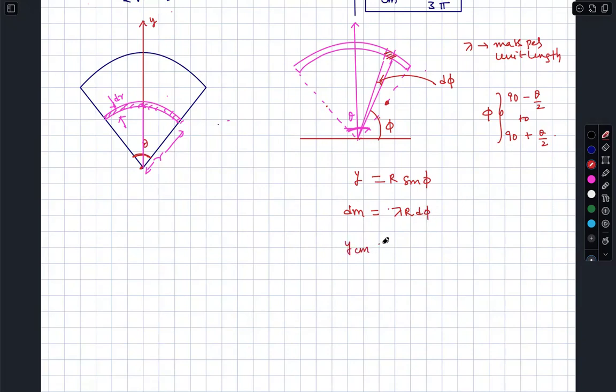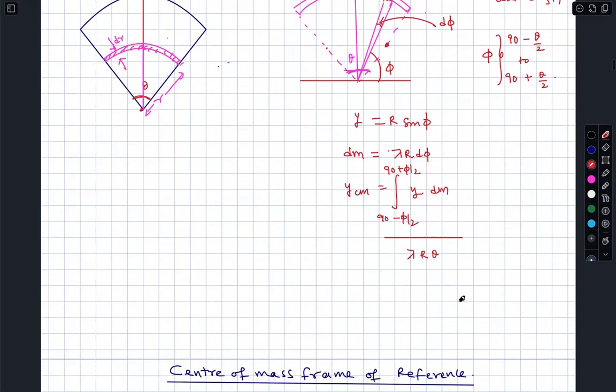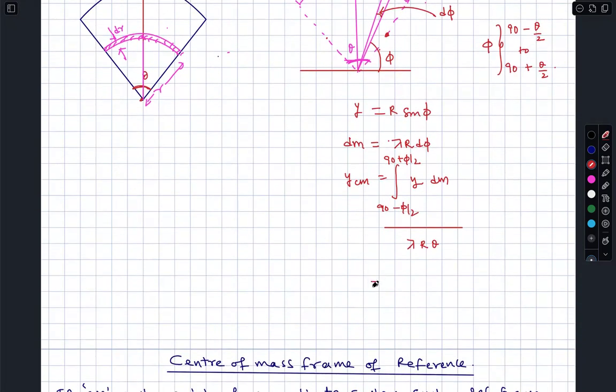So all such elements will have y center of mass with phi from 90 minus theta by 2 to 90 plus theta by 2. And y dm by the mass, I know the mass. The mass is nothing but lambda r theta. With this, I'll try to do this part.